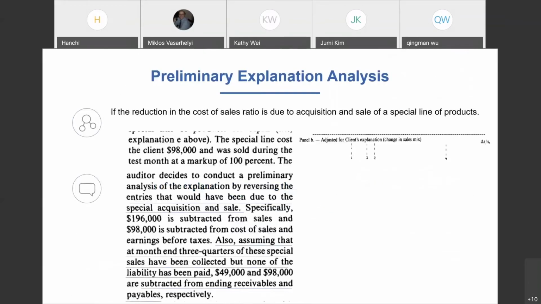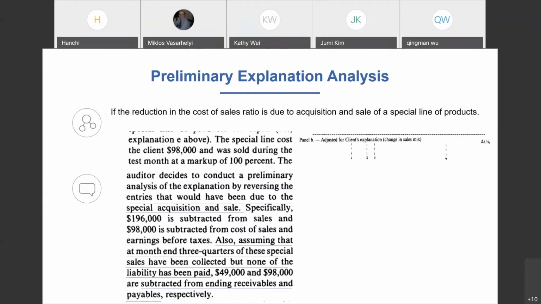So if we assume that the reduction in the cost of sales ratio is due to the acquisition and sale of a special line of product, what should we do? We should revise the interest that would have been due to the special acquisition and sale.